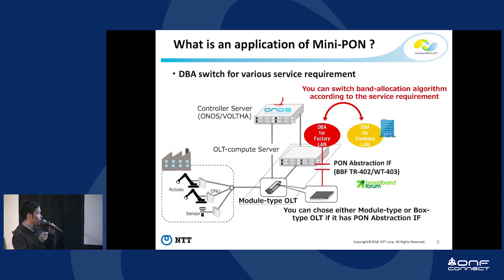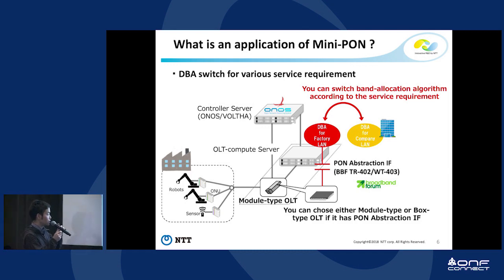I gave an example of the DBA algorithm to show the flexibility of the Mini-PON, but you can also add other functions to this system if you want, such as security service function or power saving function, and so on.